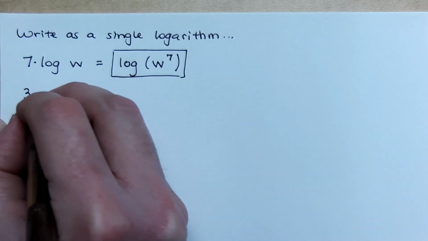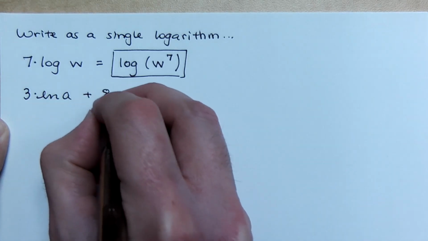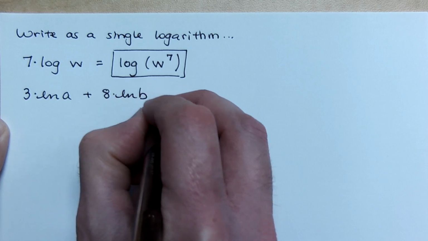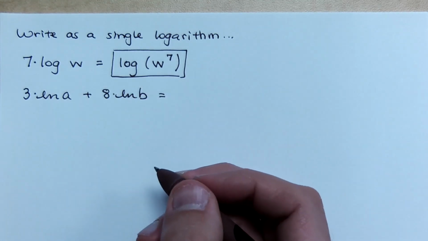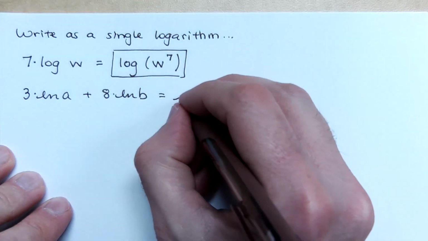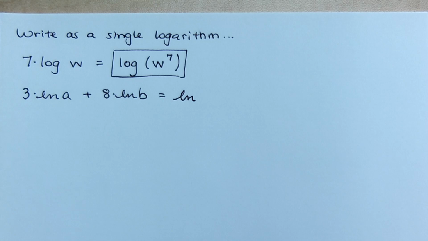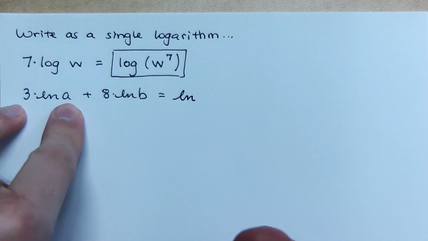If I say 3 times the natural log of a plus 8 times the natural log of b, can you write this as a single natural log? Now, we would have been in trouble if one of these had been a common log and the other a natural log. As long as these are the same type of logarithm, you can condense them into one. So how are we going to rewrite 3 natural log of a?